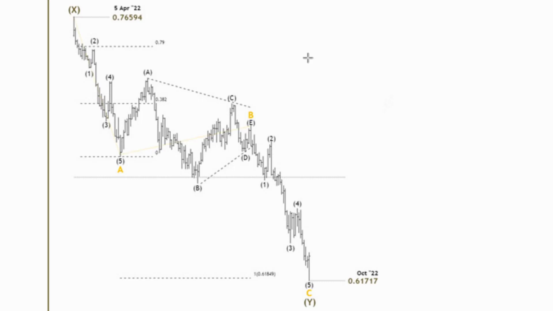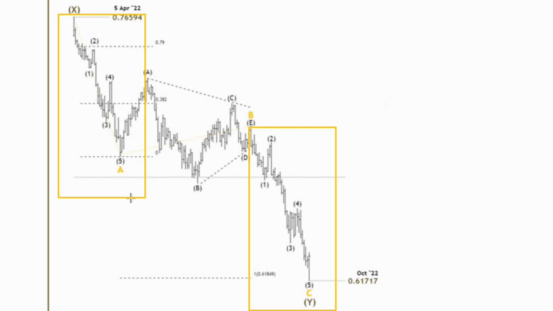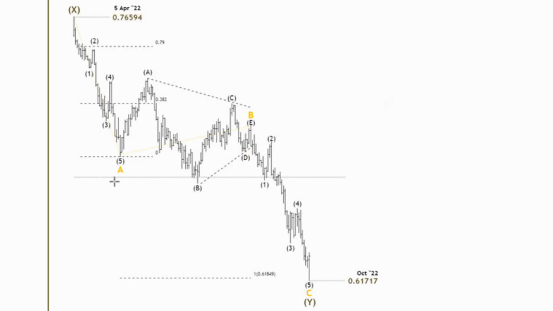When we speak about wave C of a zigzag, it has a relation with wave A through Fibonacci golden ratios, and also has a relation of equality. Ideally wave C is equal to wave A in terms of size, but it can also be 61.8% of the size of wave A, or 161.8% of the size of wave A. But as I said, the perfect size of wave C is when it is equal to the size of wave A. Alright?